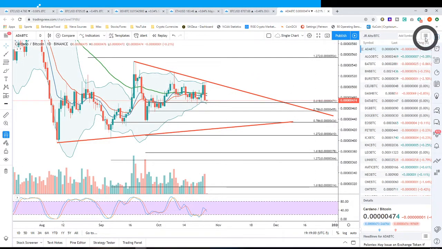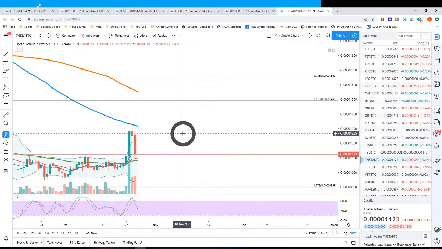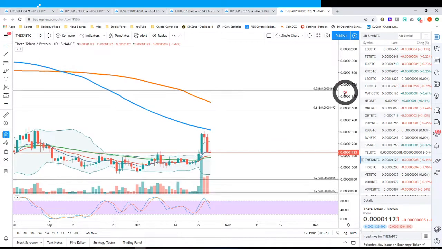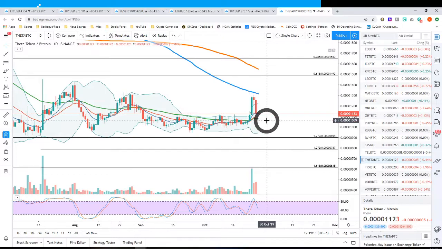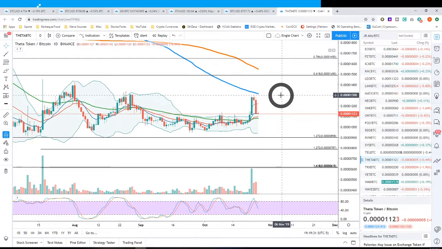Theta. Let's go look at Theta. I think I had Theta on the BTC. And same sort of thing, right? I mentioned this in the channel earlier. When you've got Bitcoin making the move that it is right now, and it could go a little sideways, which could give some of these things a little pause to come and test some of these moving averages and try to make a move up, but it's all dependent on Bitcoin, right?